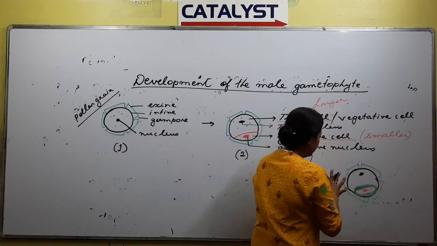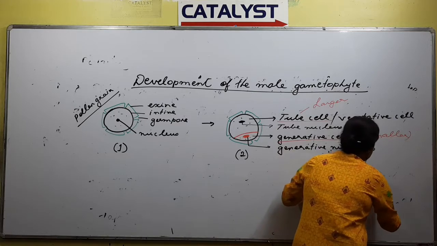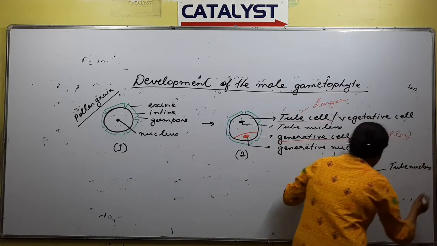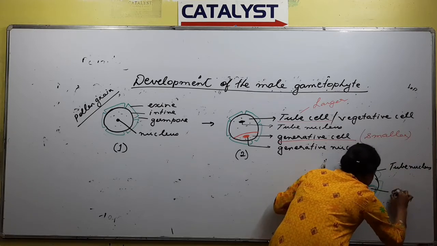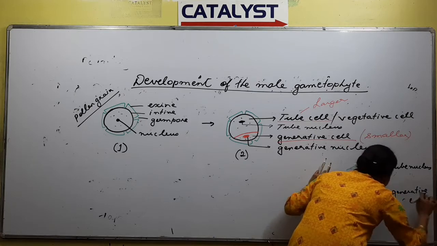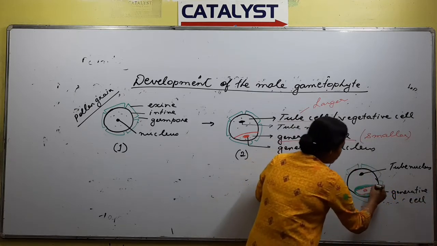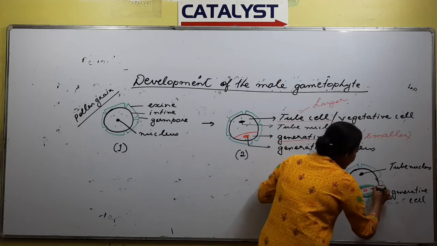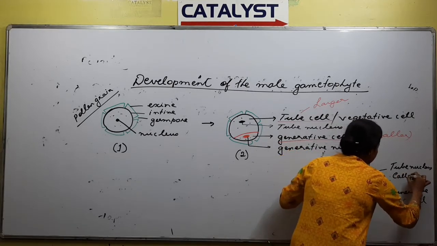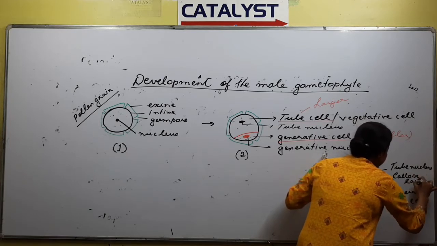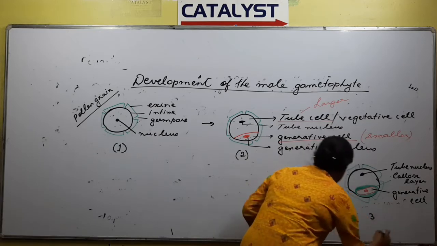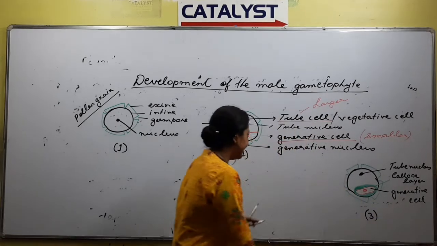So this is the tube nucleus, right? This is the generative cell, and in and around the generative cell, this green portion, this covering that I am showing, is callose deposition, the callose layer. So this is the third step.